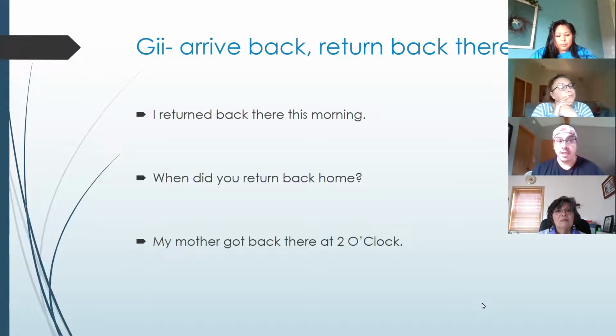That's how gi is used. So I have at the top, arrive back or return back there. If you have your notes, I'm trying to keep these definitions as simple as possible and be exact in my definitions. So I'm going to leave it at that.